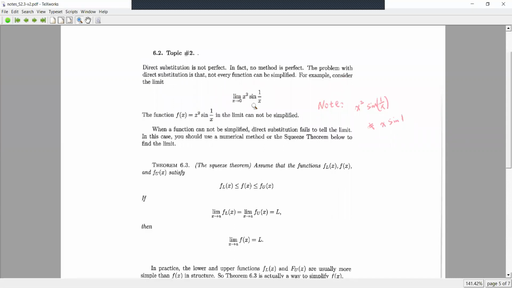Some people may say that we can cancel 1 x from x squared and from 1 over x to get this function. But this is wrong. You cannot ignore the sign between x squared and 1 over x and directly cancel x in this way. So we don't have this equation.